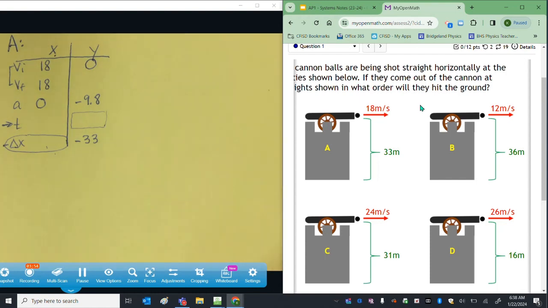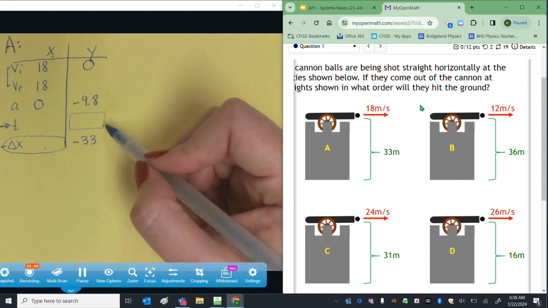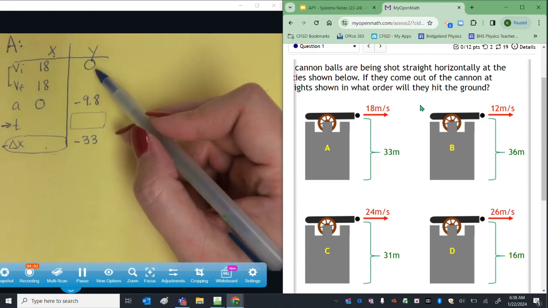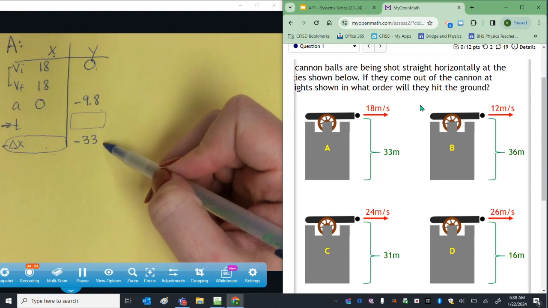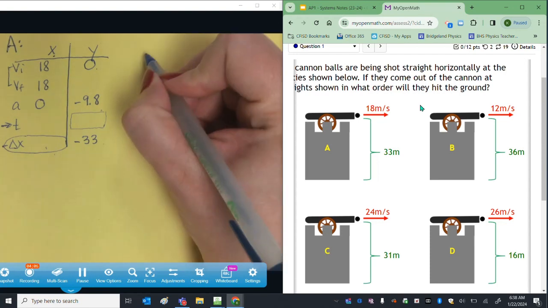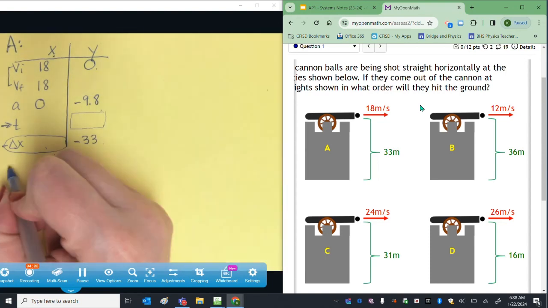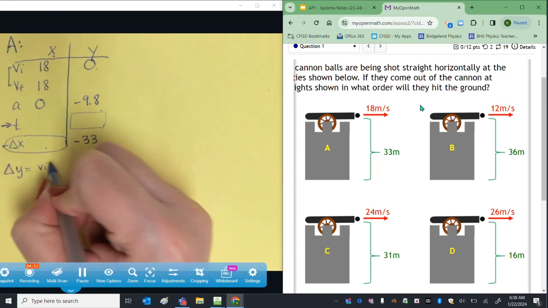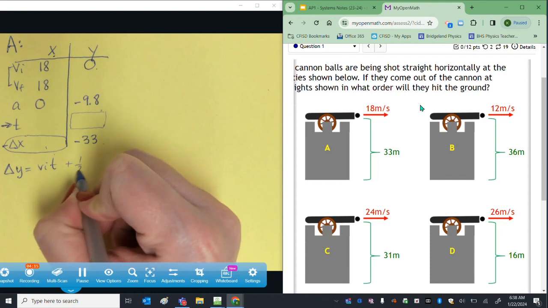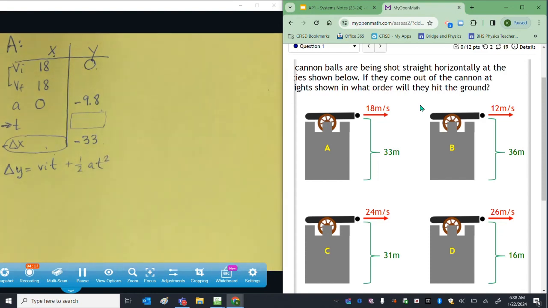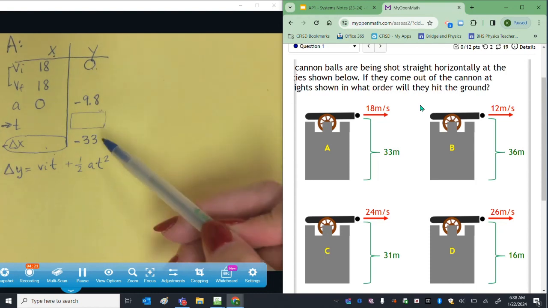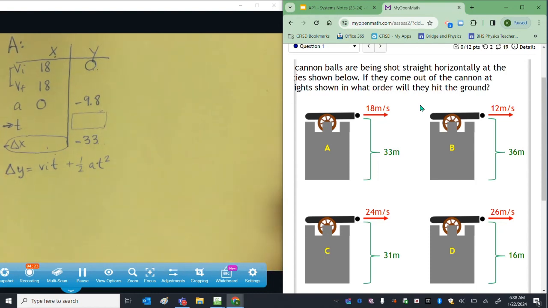By the way, this process we're going to repeat for each of these cannonballs. So if I'm going to solve for my time, I have VI, A, and delta Y. The equation we're going to be using is delta Y equals VIT plus 1/2 AT squared. It's one of our kinematic equations, and it's the one that has VI, A, delta Y, and T in it, so it's the one that we need to use.